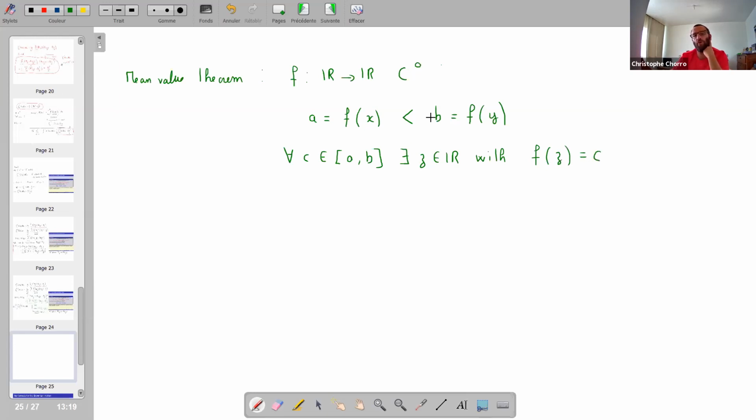So if you take a point between two possible images, all the points between the two images are in fact in the image of f. It is f of someone. So this is the mean value theorem.